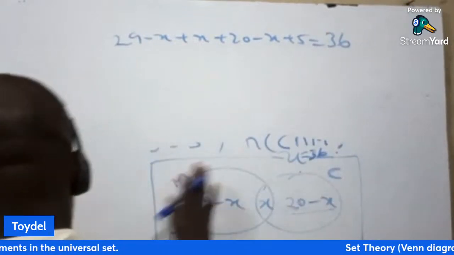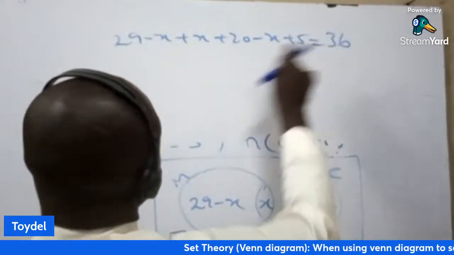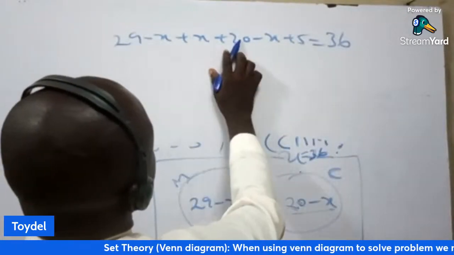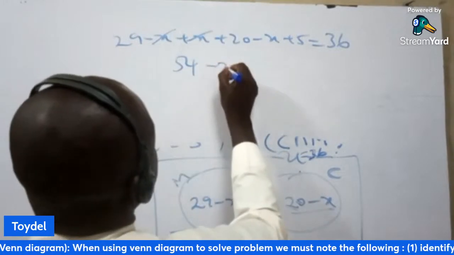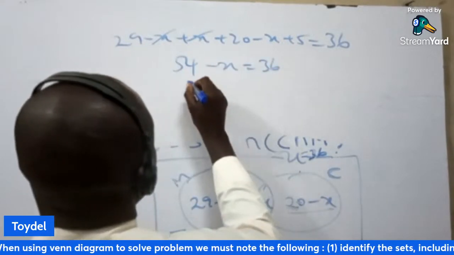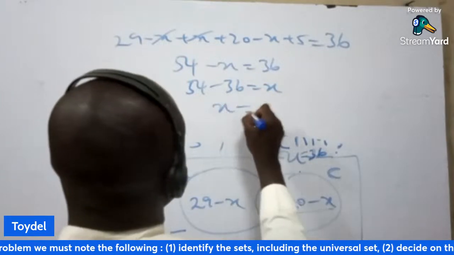When we add everything together, it gives us the value of the universal. So 29 plus 20 is 49, plus 5 is 54. Minus 2X, we take care of X. Minus 2X is equal to 36. So 54 minus 36 is equal to 2X. So X is equal to 9.